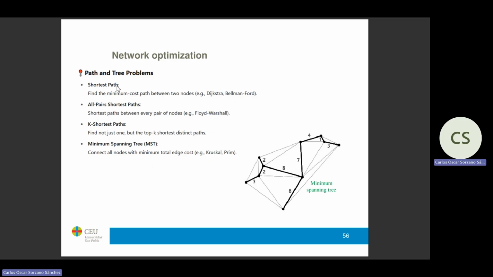There is the shortest path between two nodes, all pairs shortest path, and K shortest paths: between two nodes, can you give me the K shortest different paths? Or the minimum spanning tree, which is a tree that covers all the nodes with minimum cost.